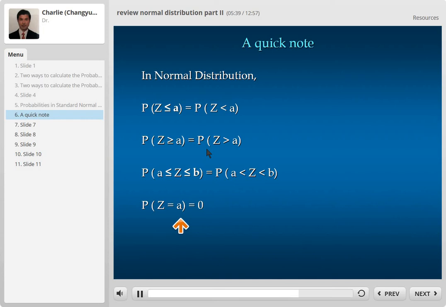In order to understand this nature, we have to get into calculus, so in this course, we don't require that. So basically, we just make it a rule that in a normal distribution, we have all these properties.